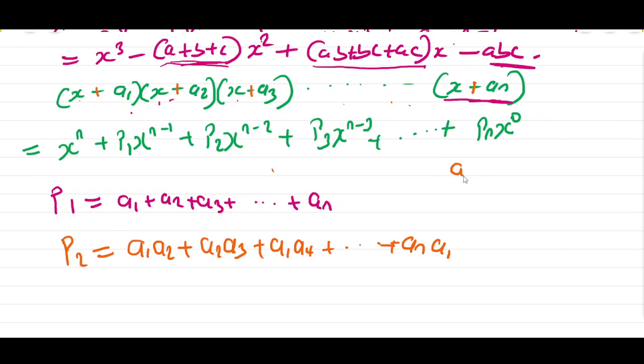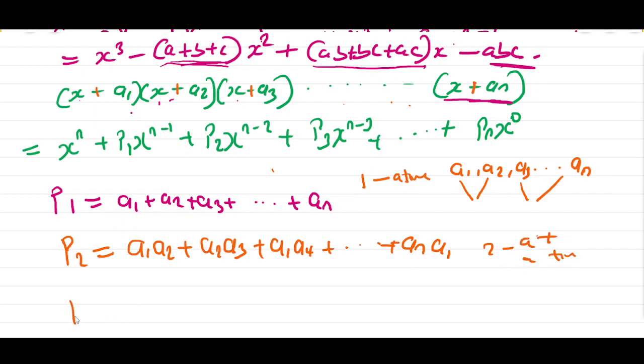It has to be among a1, a2, a3 up to an, but we're going to be picking 2 at a time. So p2 is the sum of the products of all the terms taking 2 at a time. This one we take one at a time, and this one is 2 at a time.